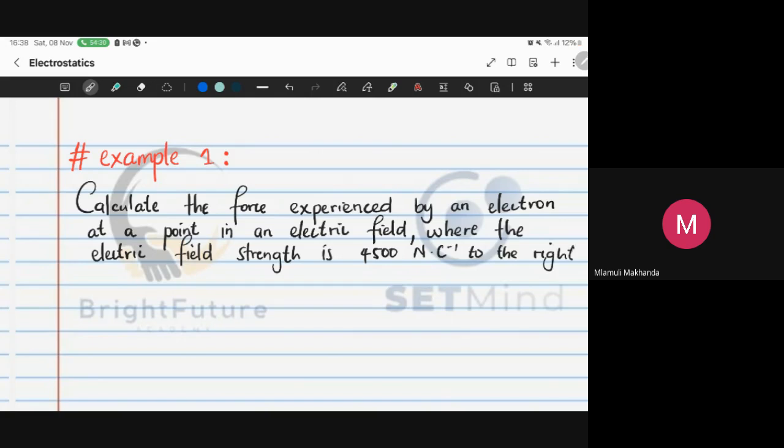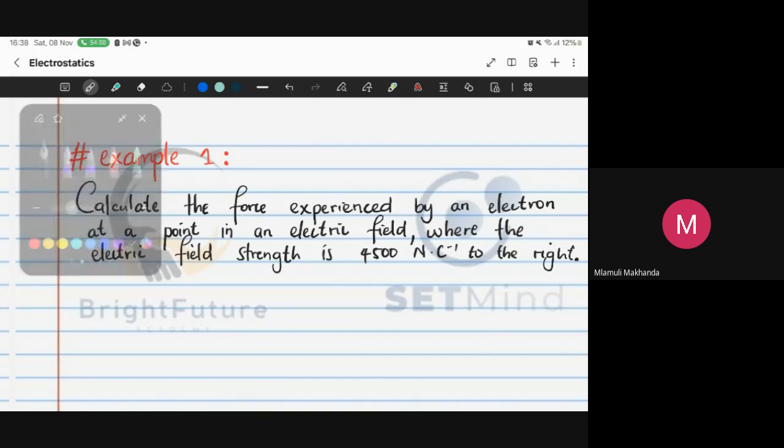Say you are given this problem and you want to calculate the force experienced by an electron at a point in an electric field where the electric field strength is 4,500 newtons per coulomb to the right.